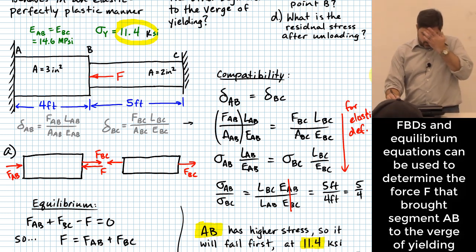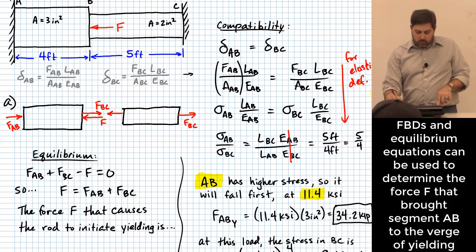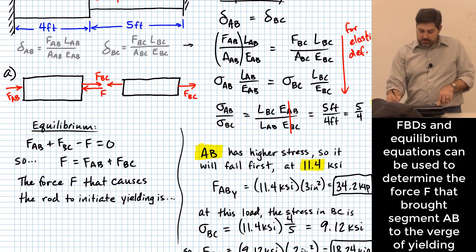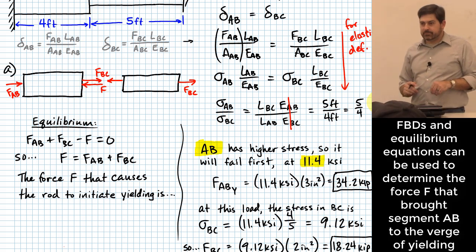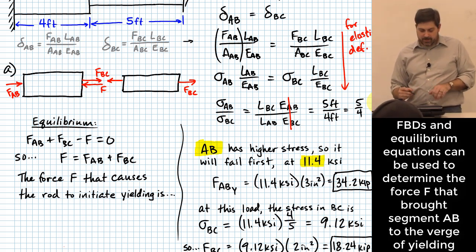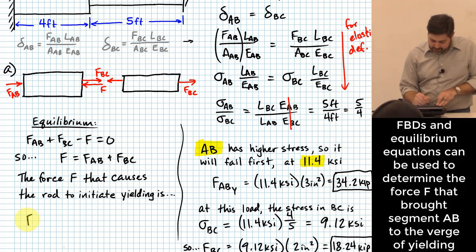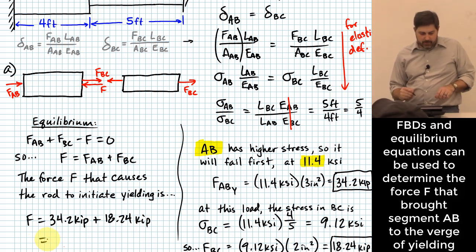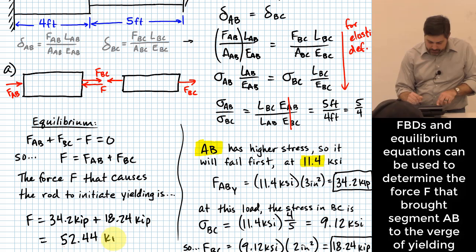Okay? And with all of this in here, we can now figure out what force F will cause this rod to first yield in piece AB. All it's going to be is 34.2 kips plus 18.24 kips, and this is going to be equal to 52.44 kips.